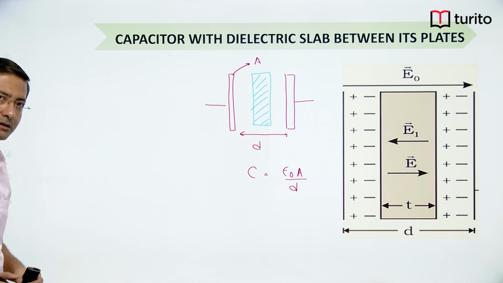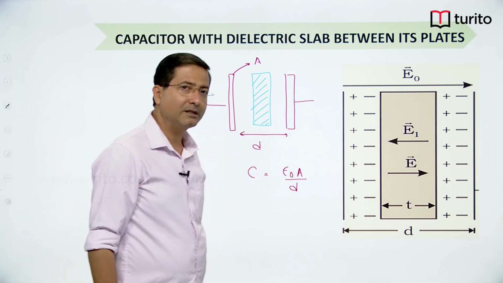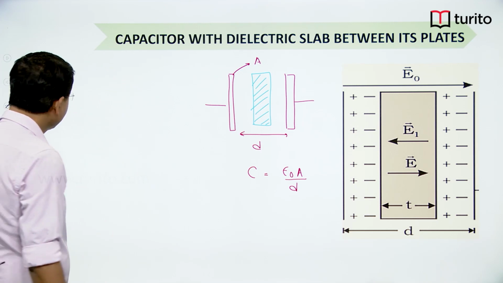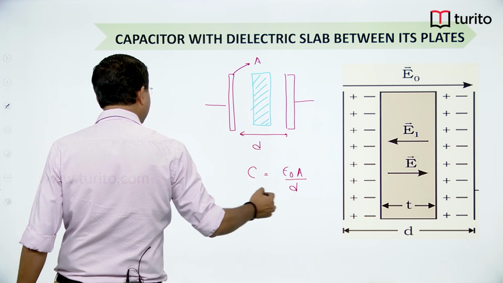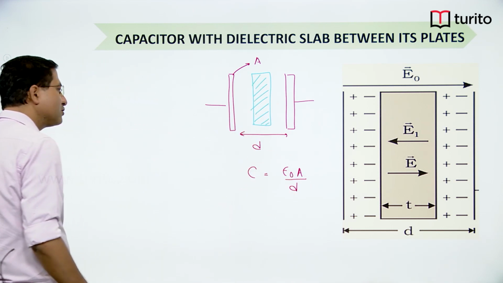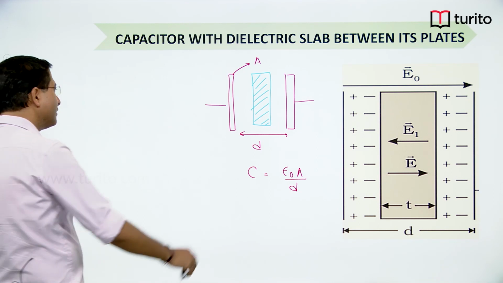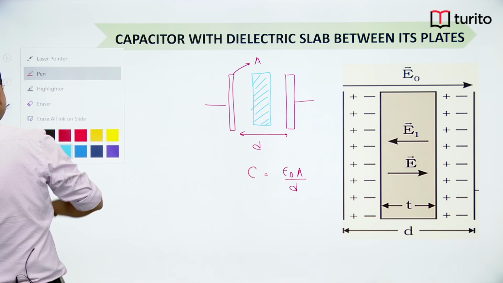So, when filled with the dielectric material, what would its capacitance be, that we are going to calculate, right. Till now there was no dielectric, we directly wrote C is equal to epsilon naught A by D. Now some material will be there inside. What would be the capacitance, that we will see.